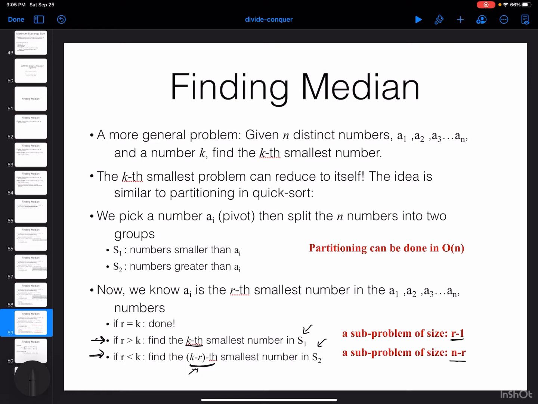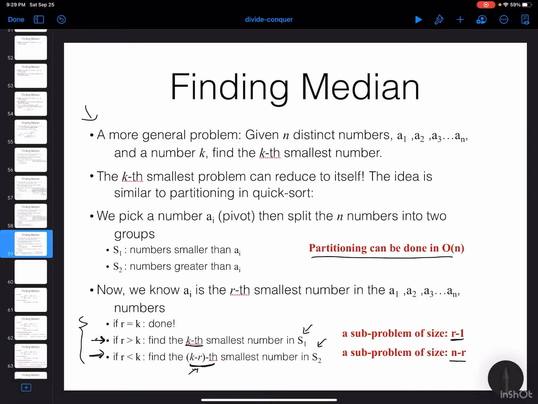Okay, so now I can write down the recurrence relation for the time function of this algorithm that I just discussed, where you use the partitioning, choose a pivot value, and based on that you would have one of these 3 cases.